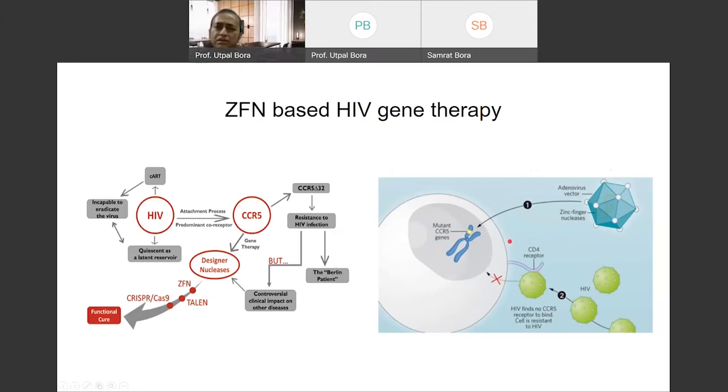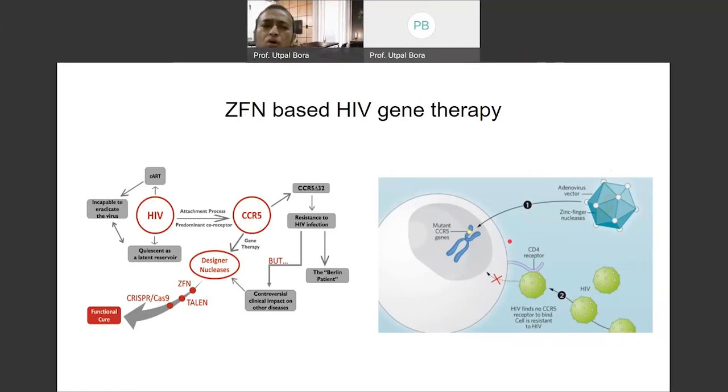Now let me give you a brief background. Most of you would know, but for the beginners, I would like to recall that HIV recognizes CD4 T cells. These CD4 T cells are T cell lymphocytes which have a receptor on the outer wall, called the CD4 receptor.